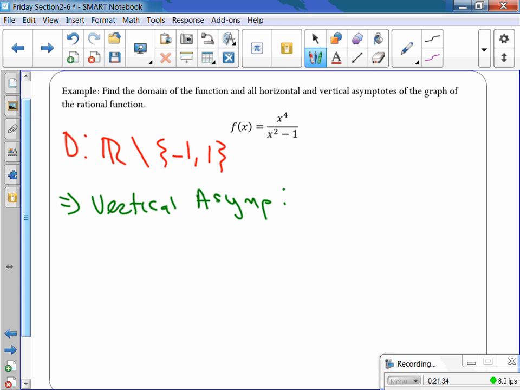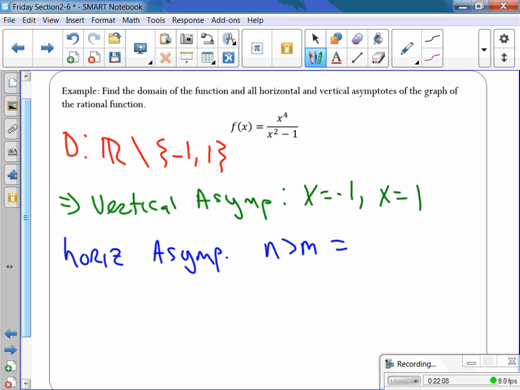So what about my horizontal asymptotes? Since my n is greater than my m, no horizontal asymptotes.